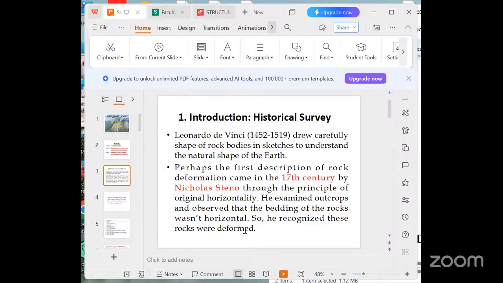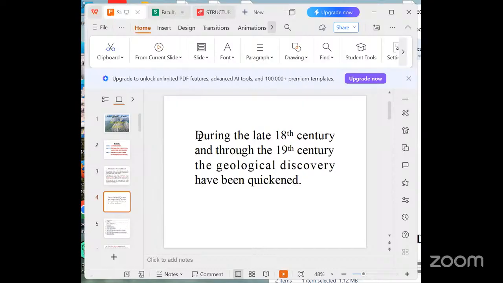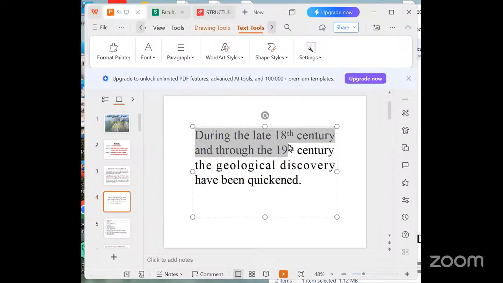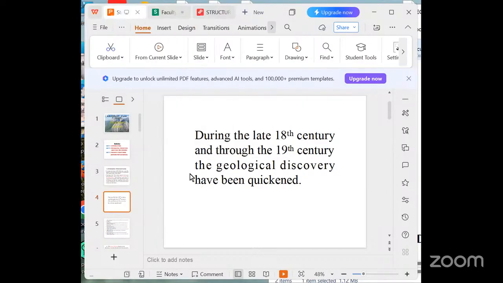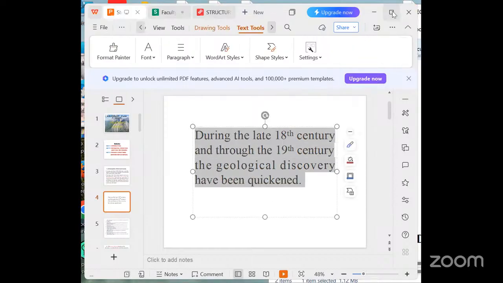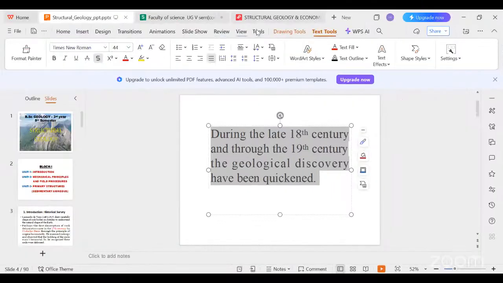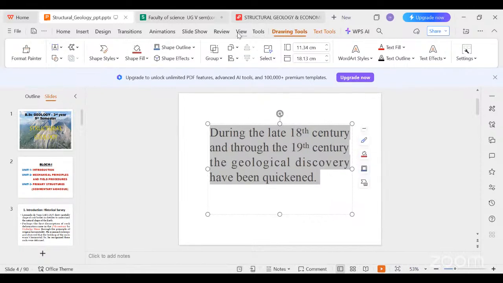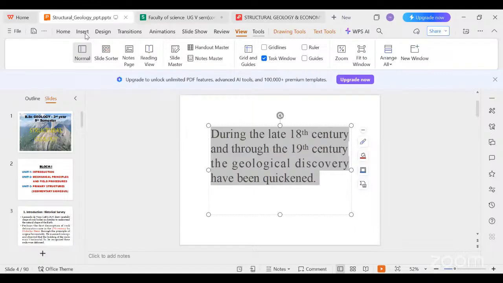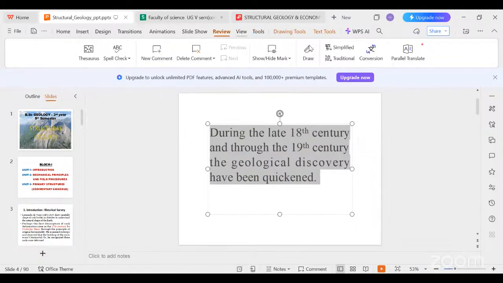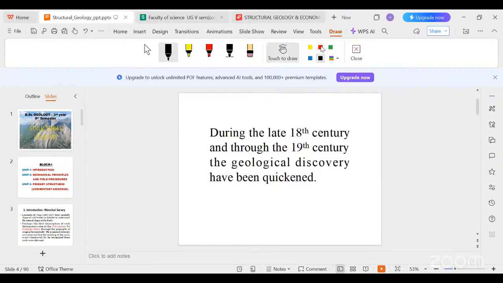Now, after the 17th century, during the late 18th century and through the 19th century, geological discoveries quickened, right?